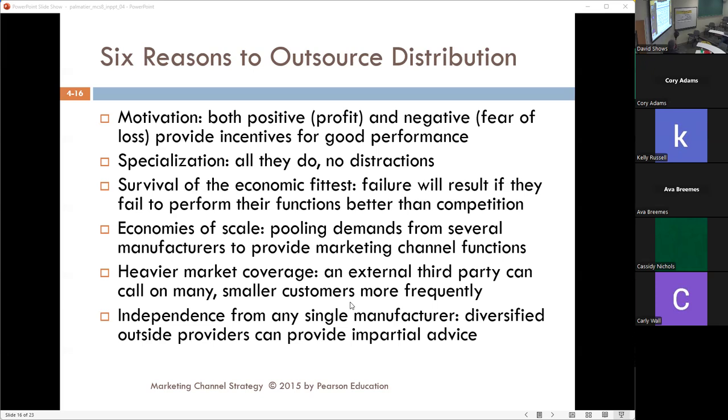When it comes to your collections of different ones, you have a diversified group of outside providers. These are all reasons why you outsource your channel functions. And once again, this comes down to return on investment. You've got to go a long way to beat the advantages that they have here, but they do.